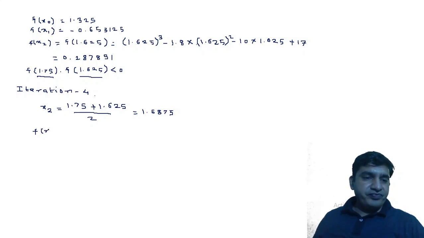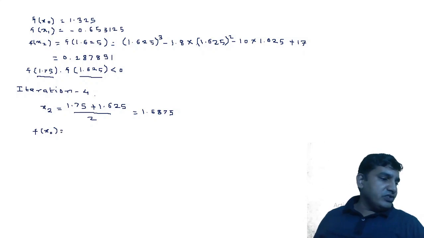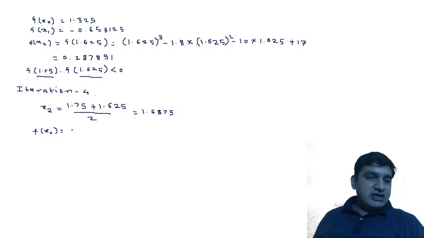Now find f of x0. F of x0, we can consider a as 1.75, and its value is minus 0.653125.